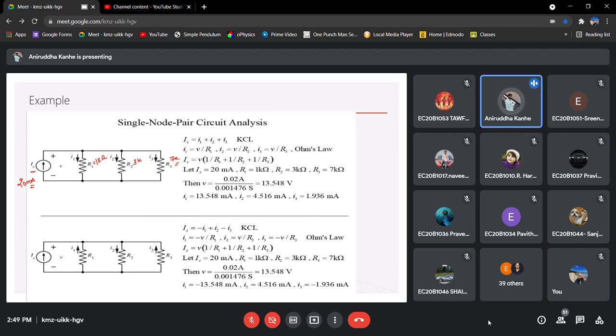And now we are interested in calculating I1, I2, and I3. So what you can do? You can use the current division rule.